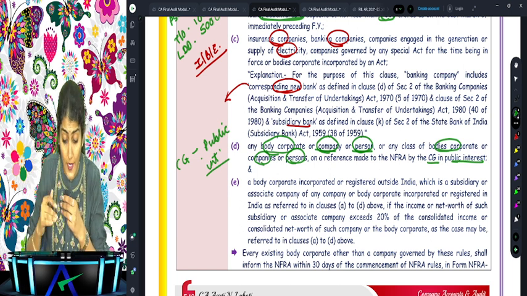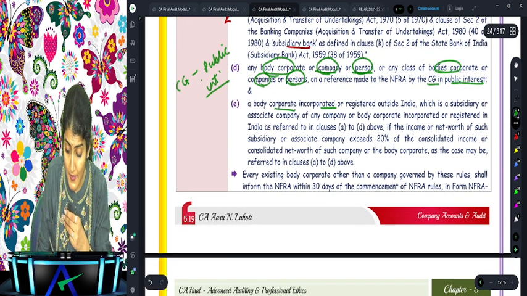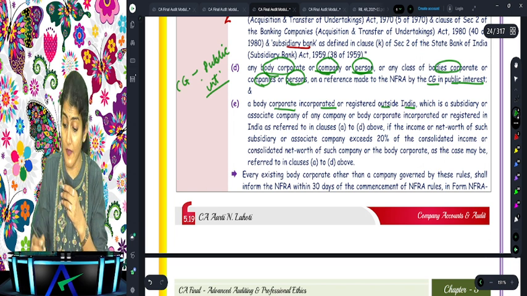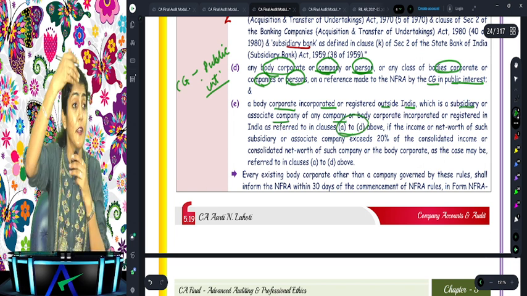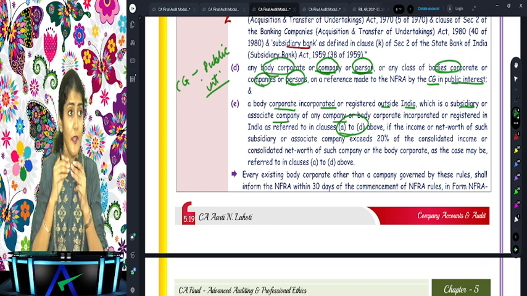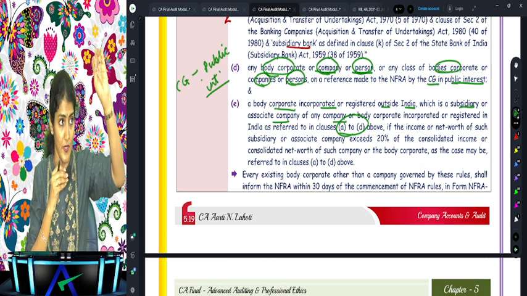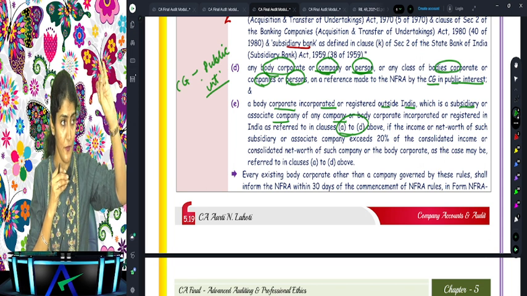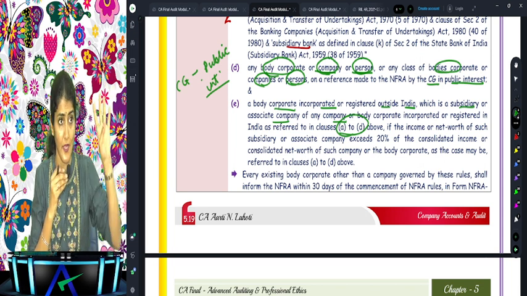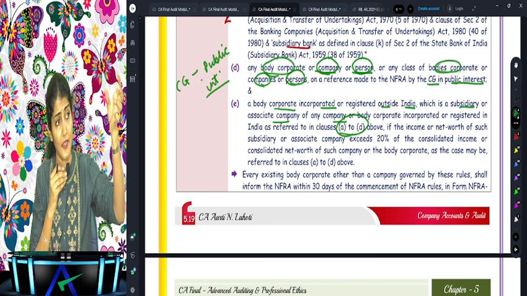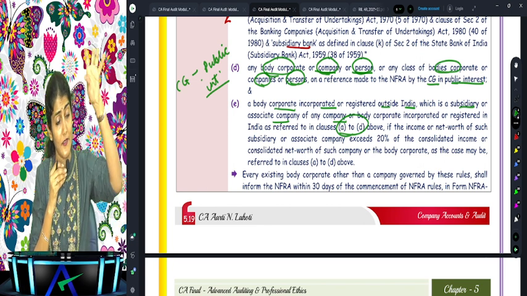Or a body corporate which is incorporated, registered outside India, which is a subsidiary or associate of any of the companies referred to in A to D above. What is A to D? Listed companies, unlisted 500, 1000, 500, then 3 best friends, insurance, banking, electricity supply, then reference has been made to the NFRA by the central government in the public interest.